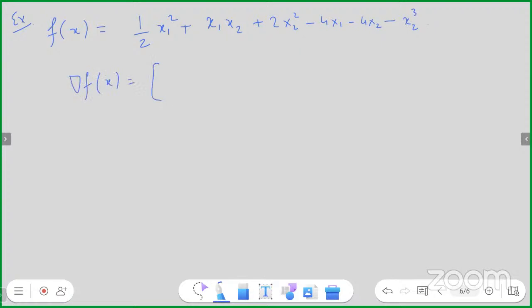This is x1 plus x2 minus 4, and x1 plus 4 x2 minus 4 minus 3 x2 square. Everybody got this? Okay. What do I need to do? So I need to equate this to 0. What does it mean? Individually, this must be 0 and this must be 0. So what are the candidate solutions for x1, x2?